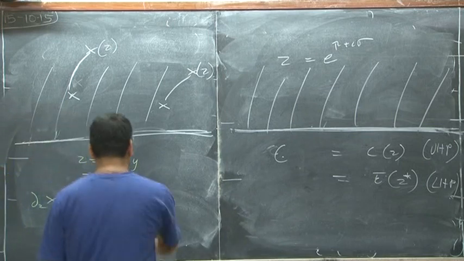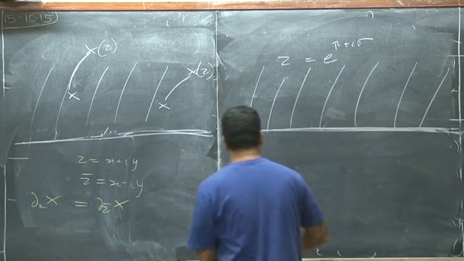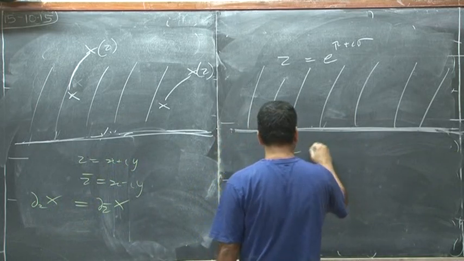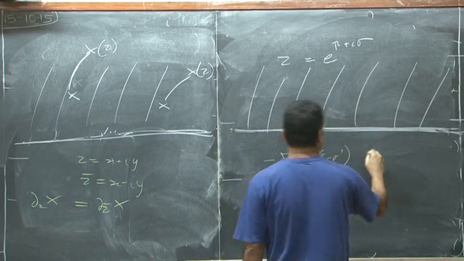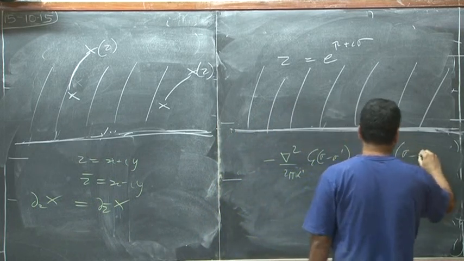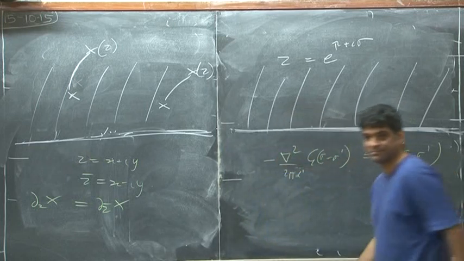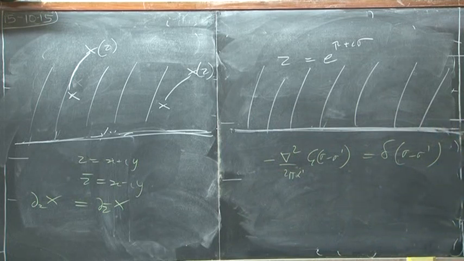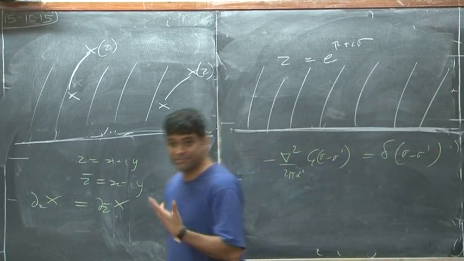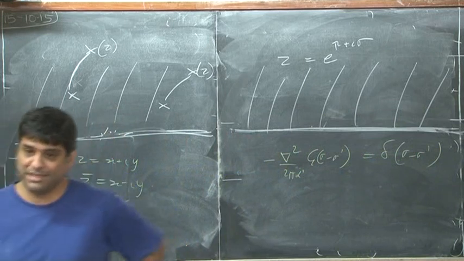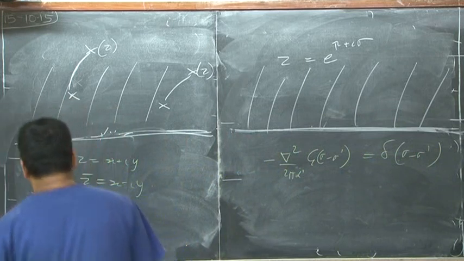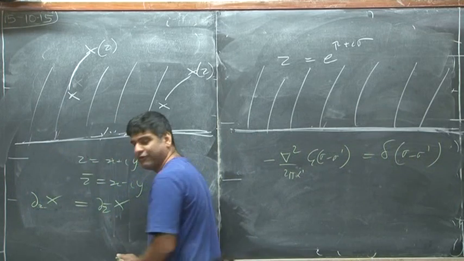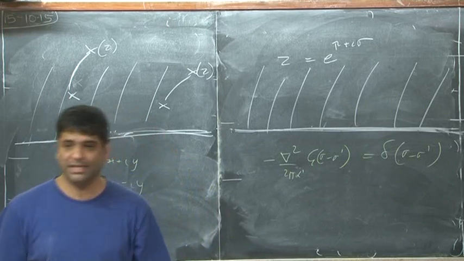So what we have to do is to solve the equation minus del squared by 2 pi alpha prime g of sigma minus sigma prime is equal to delta of sigma minus sigma prime, subject to the boundary condition that del z of g is equal to del z bar of g at the boundary.